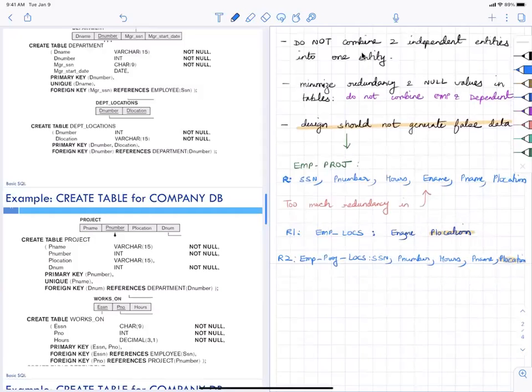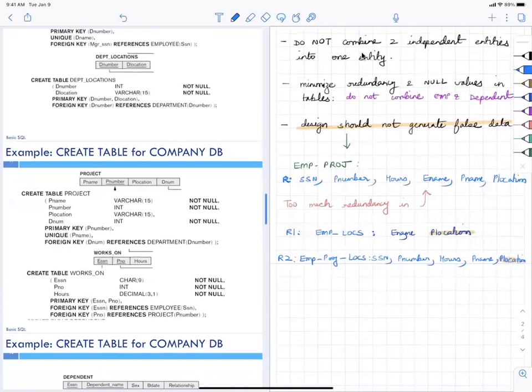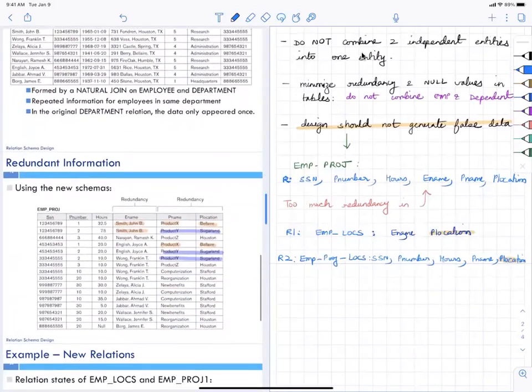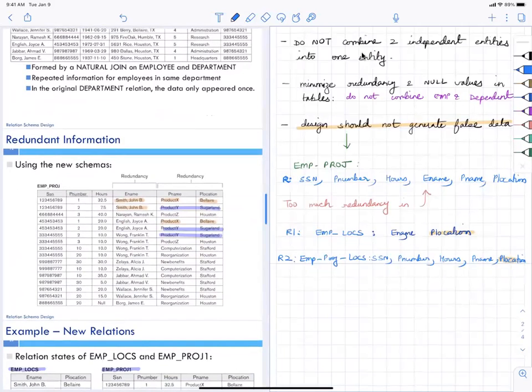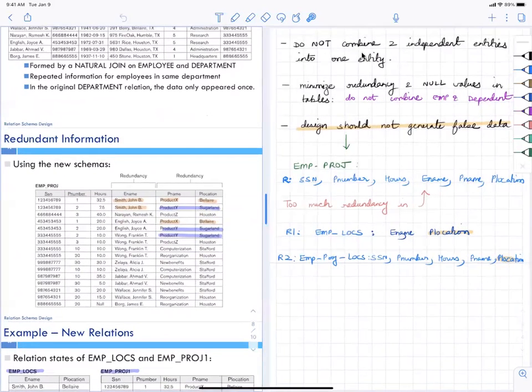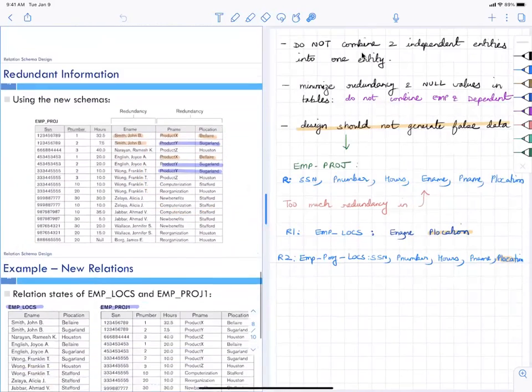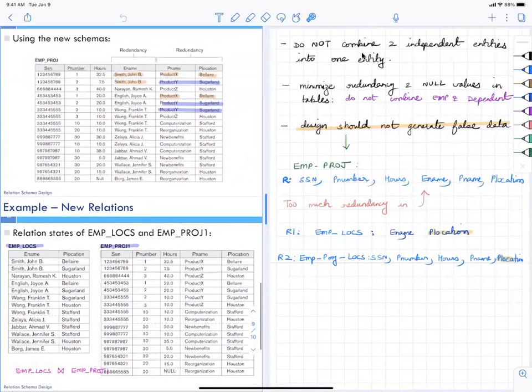So this is the table employee project on the left. This is the original employee project table, and it has a whole bunch of redundancy, like I said. So I decided to split it up into two tables, employee locations and employee project. By the way, I do put up PowerPoints.